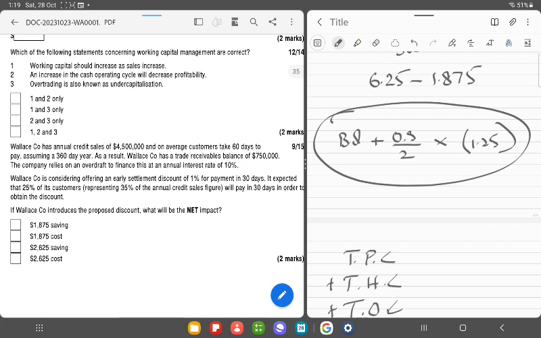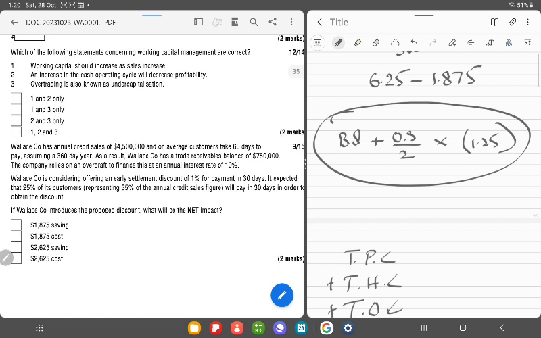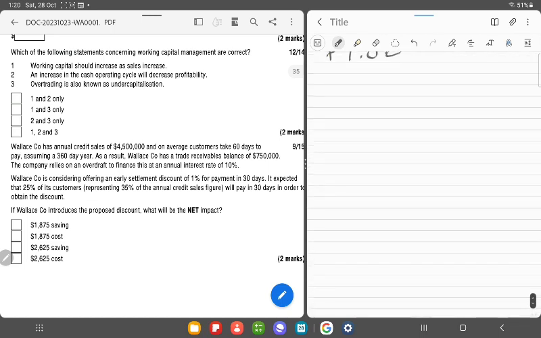If Wellness company introduces the proposed discount, what will the net impact be? We have to calculate the reduction in receivables and ultimately the reduction in interest cost, and the cost of this discount. The approach to this type of question is that first you have to find the reduction in receivables.